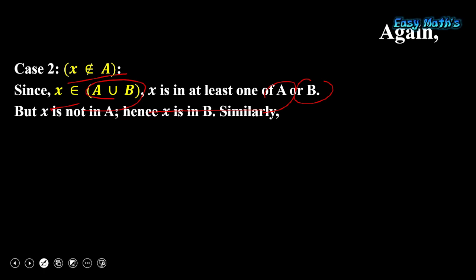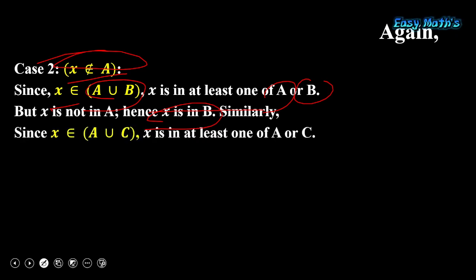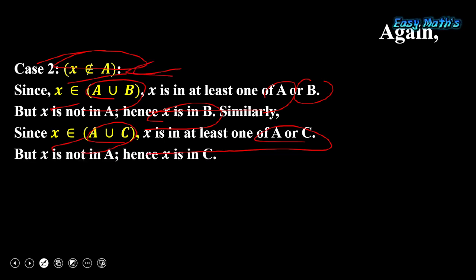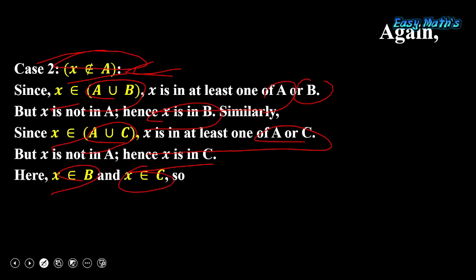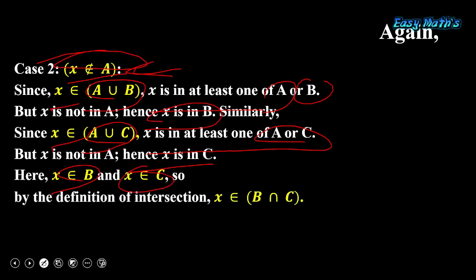Now we are saying that x does not belong to A, so x must be in B. Similarly, x belongs to A union C, so x can be in A or C, but x is not in A, so x must be in C only. Hence x belongs to B and x belongs to C. From this, by the definition of intersection, x belongs to B intersection C.